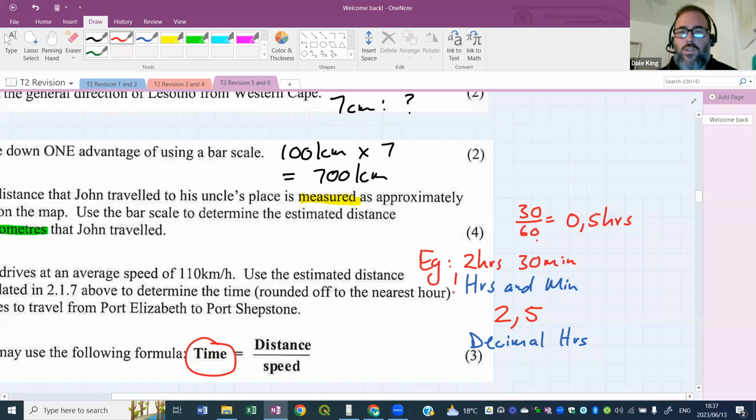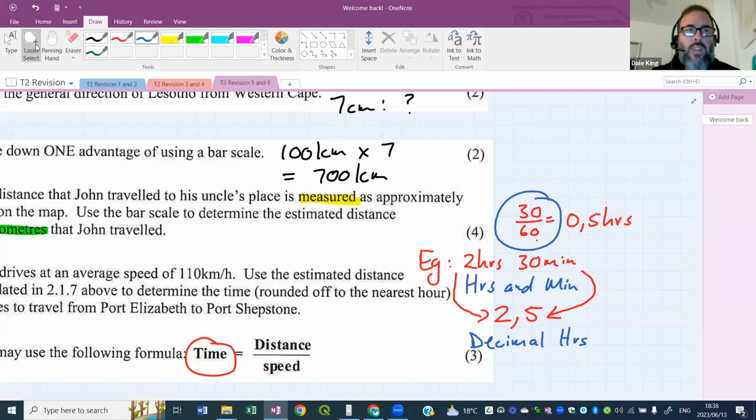So these 2 hours will be here, and this 30 minutes will be the 0.5 over there. All right, so it's 2.5 hours. Okay, thank you, Bianca. Bianca's suggestion that we must divide the minutes by 60 to convert it into decimal hours, that's the most important thing there. Good job.